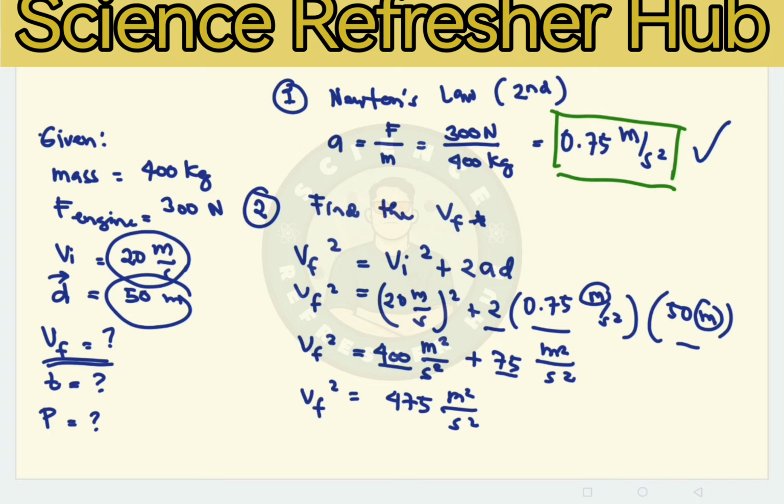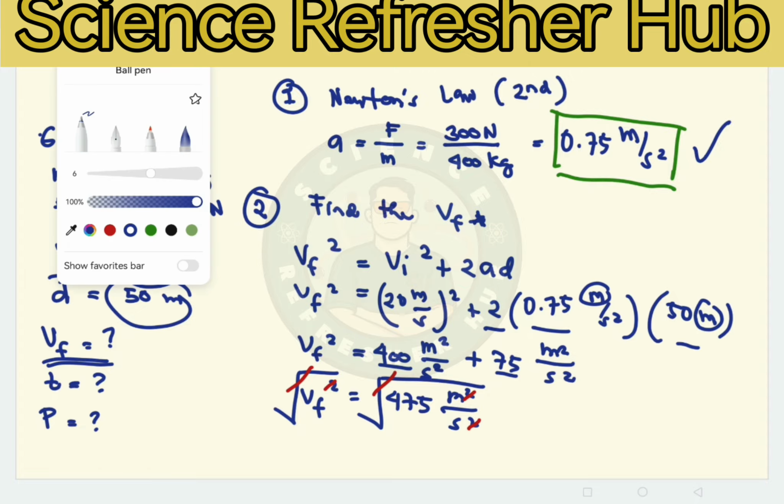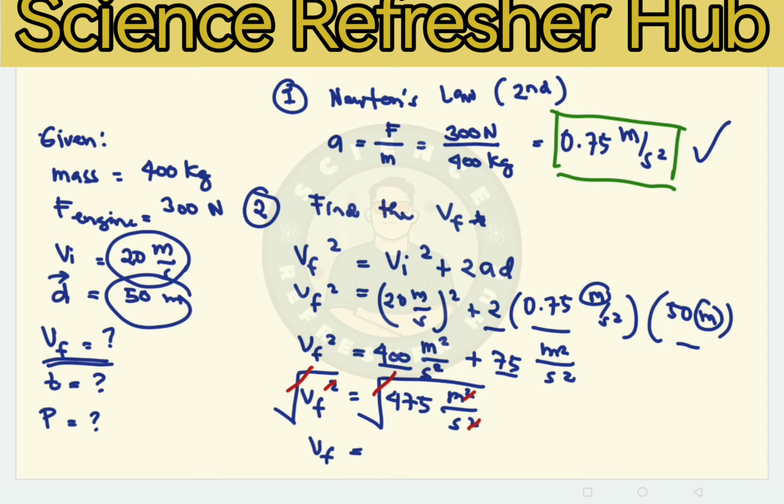And if you notice, our variable is squared, so we need to get the square root of each side. Square root, square root. We can cancel the radical sign here, leaving our VF alone. VF is equal to positive, negative 21.79 meters per second.